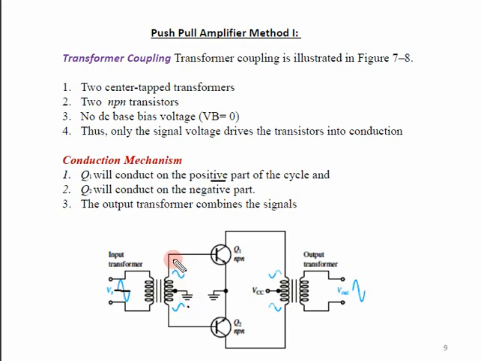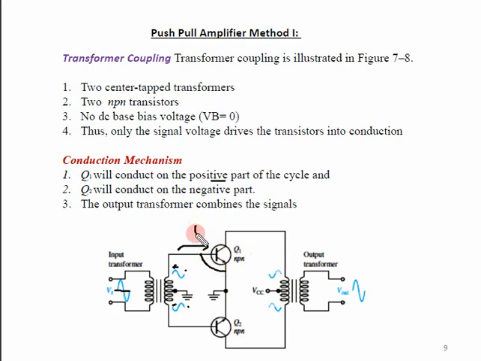This is the positive half cycle, and this was the negative half cycle. When this comes to this base and the input signal gets greater than 0.7, it conducts.